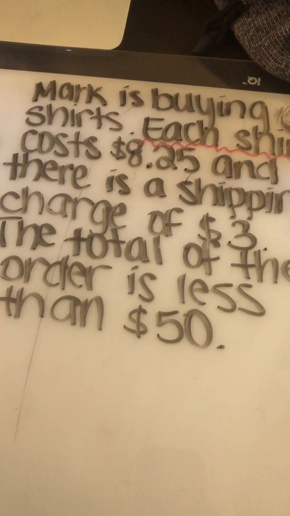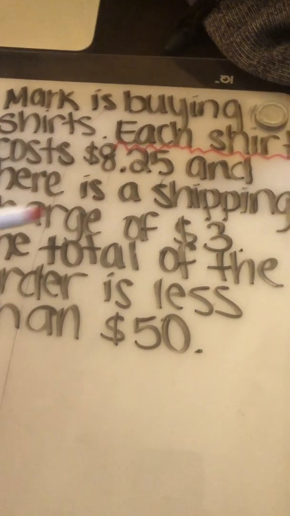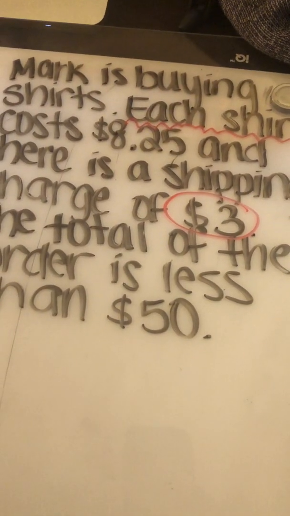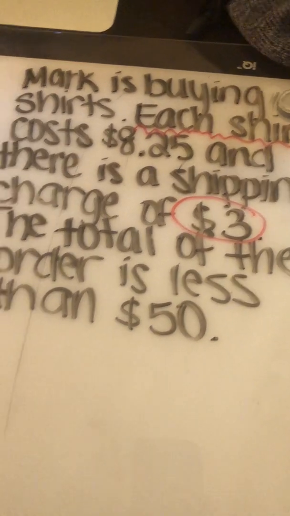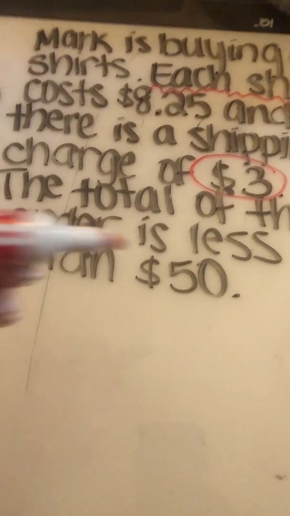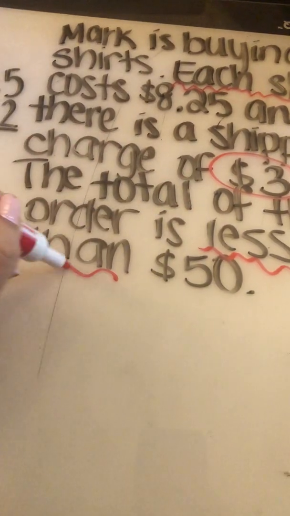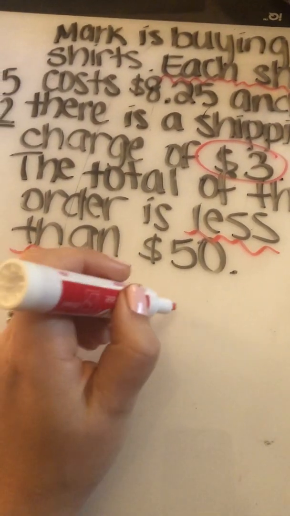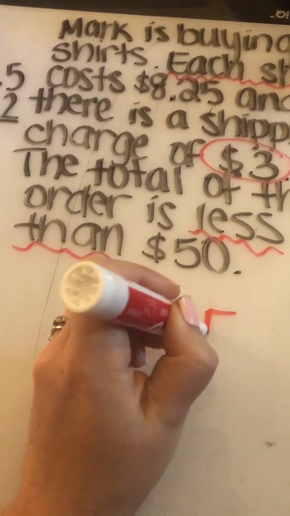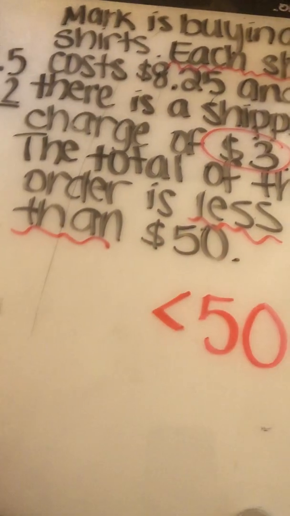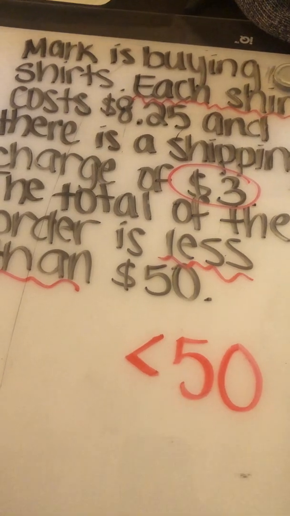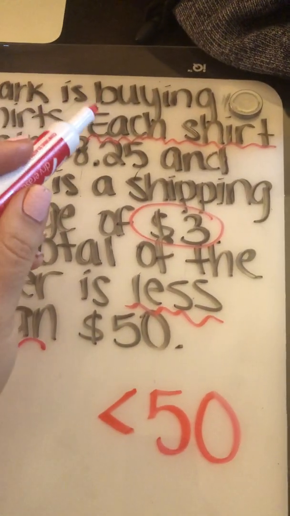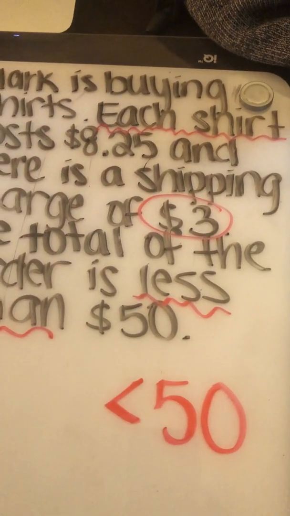Okay? There is a shipping charge of $3. A shipping charge is just a one-time fee, a one-time charge. So that would just be added on to my order. And then we have the order is less than $50. So less than means it's this inequality sign, the one that points to the left, less than $50. So now we're going to write the other side of our inequality. So we have each shirt costs $8.25.